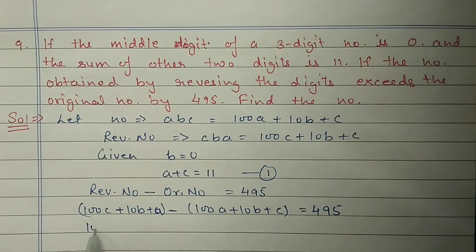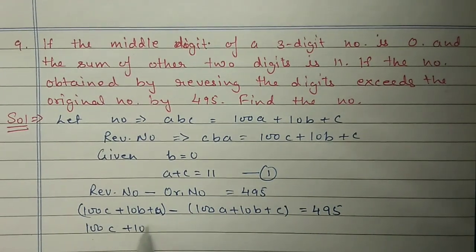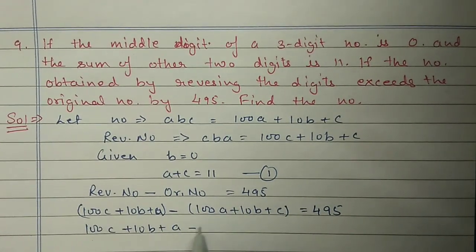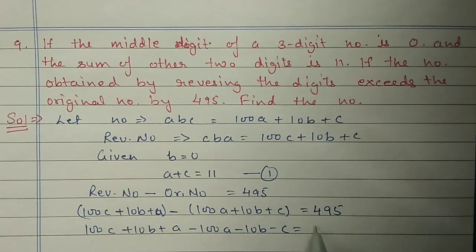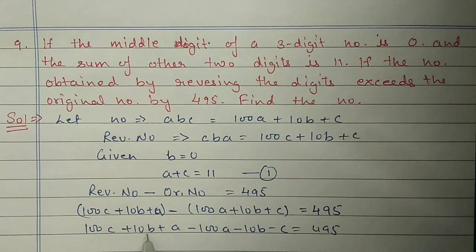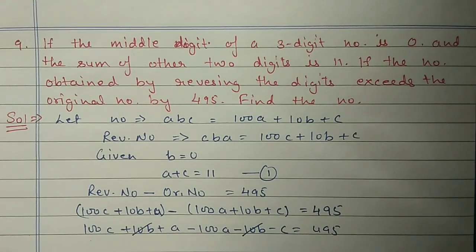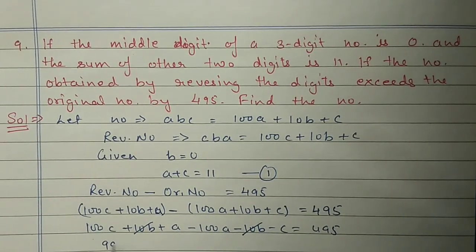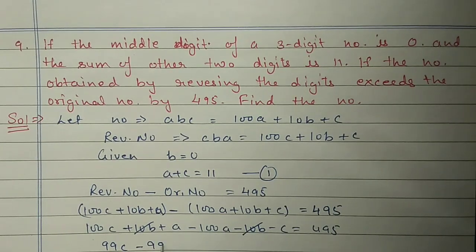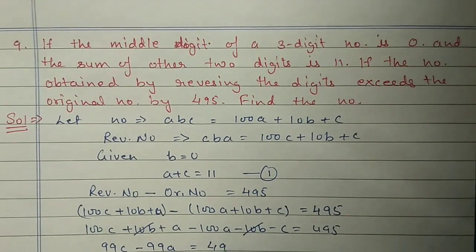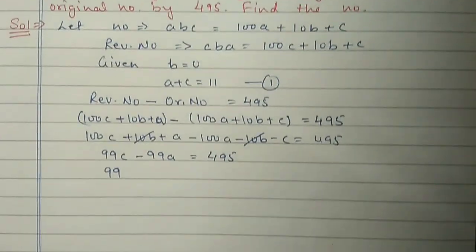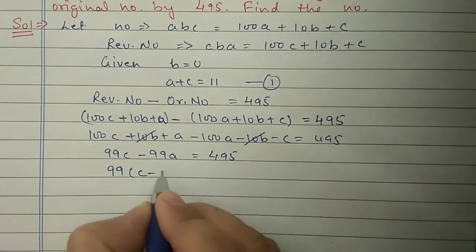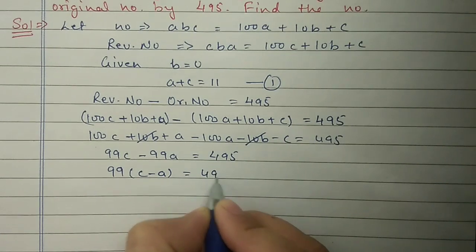Now if we remove the bracket, 100C plus 10B plus A minus 100A minus 10B minus C equal to 495. So this 10B will cancel out and we will get 99C minus 99A is equal to 495. 99 we can take out common and we will get 99 times (C minus A) equal to 495.